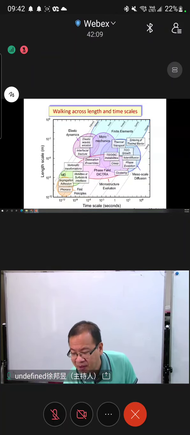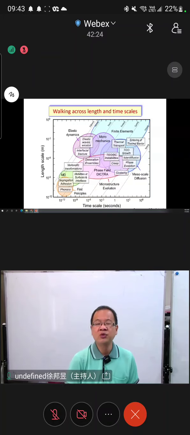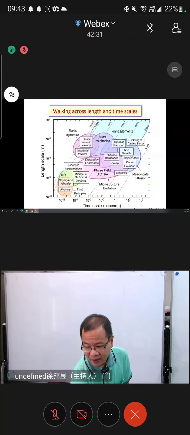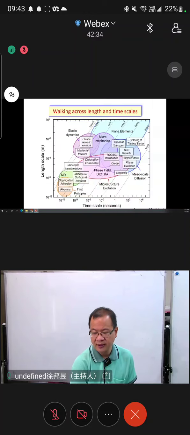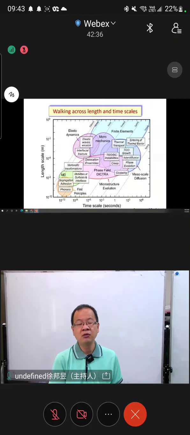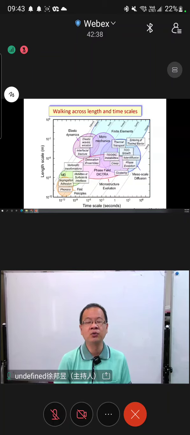You can look at the speed of this kind of dimension, the structure evolution, by 1 millimeter per second or 1 micrometer per second, 1 nanometer per second. You can look at the evolution rate or the changing rate for different phenomena on the previous page. So he rearranged it and put it on this new diagram. So you know kinetics is all about the rate of changing a system. That's kinetics.